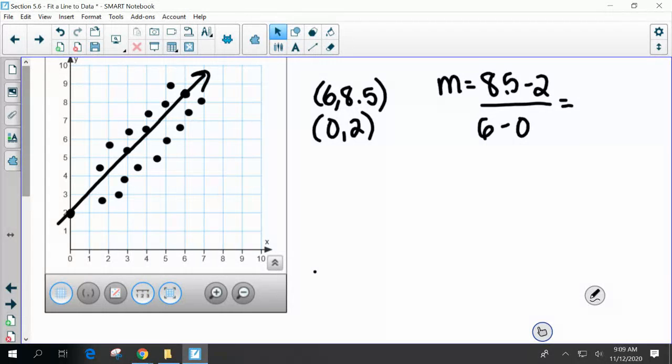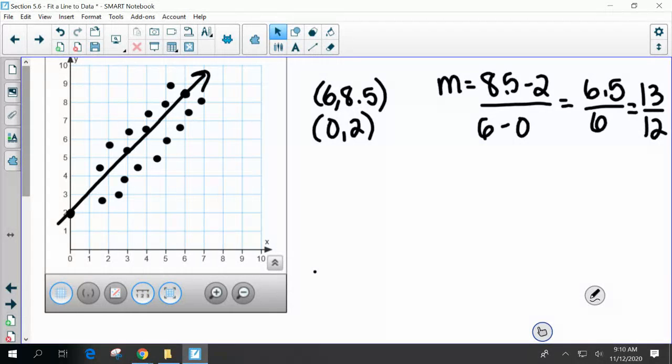Okay, so 8.5 minus 2 would be 6.5 over 6. If I want to write that as a fraction, I would write that as 13 over 12. So that is my slope.